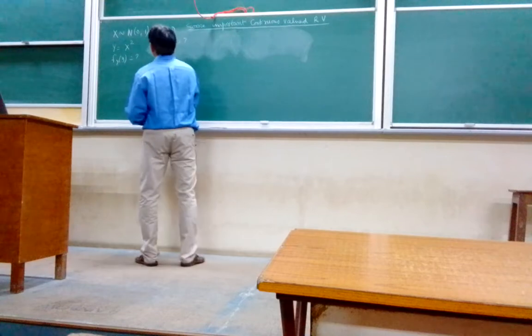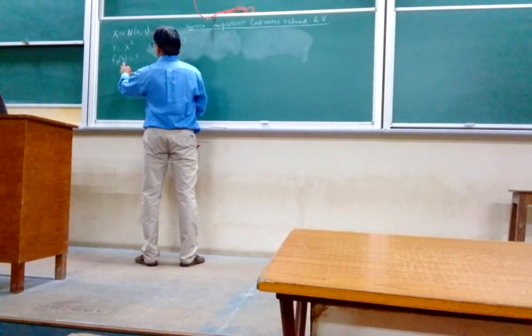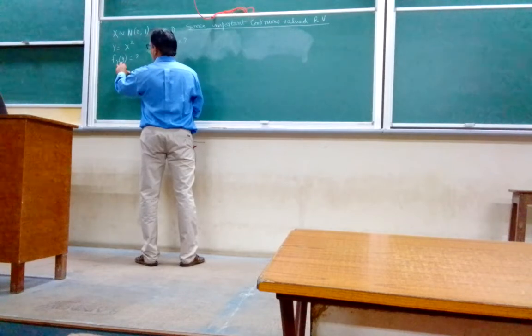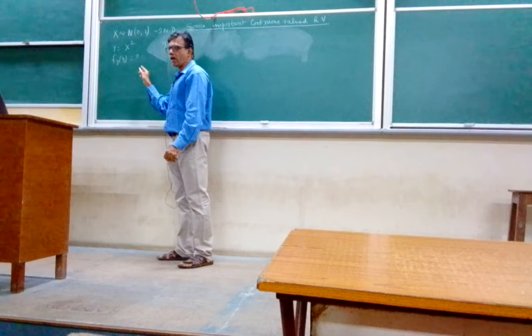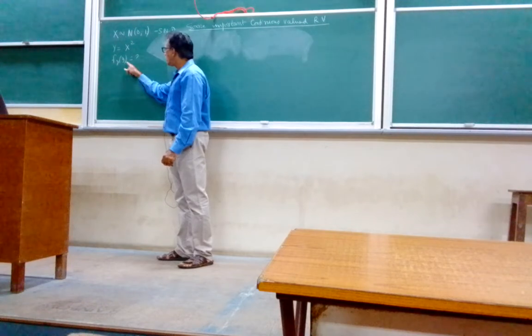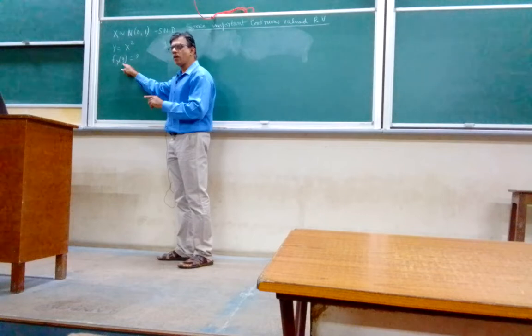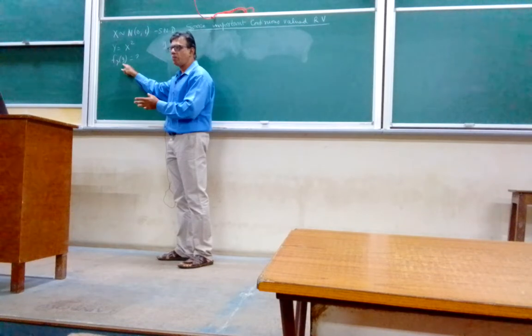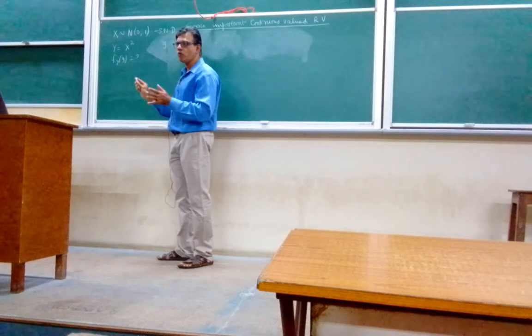Then to find fY of y, you have to find those x's which correspond to it. At each of these, we have to multiply by the Jacobian of transformation. This is how we have been doing.